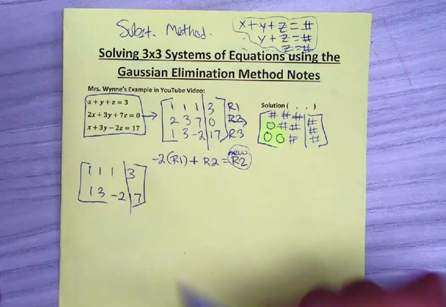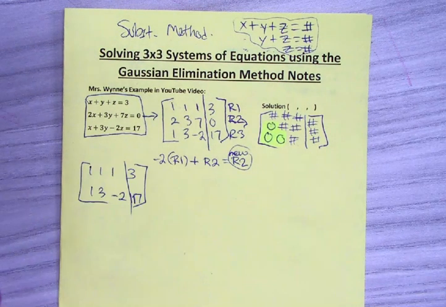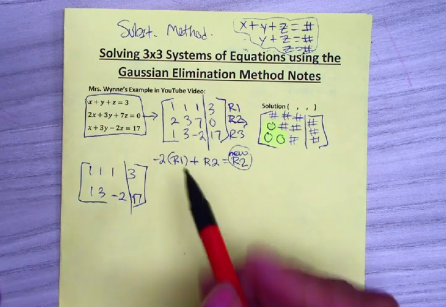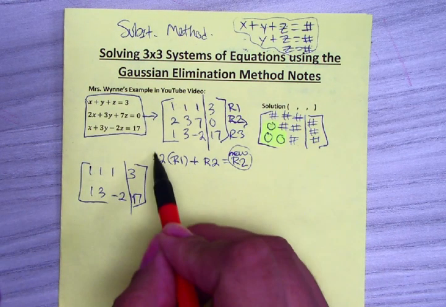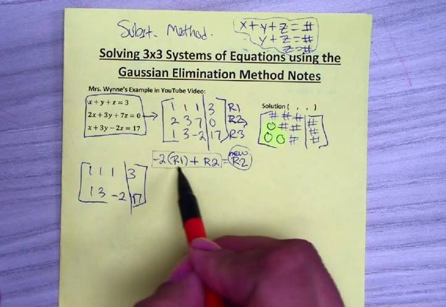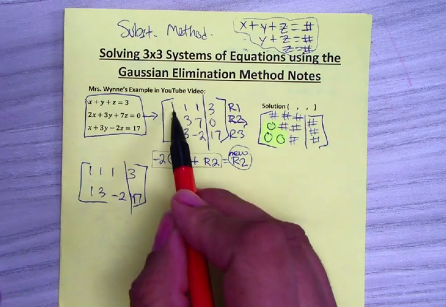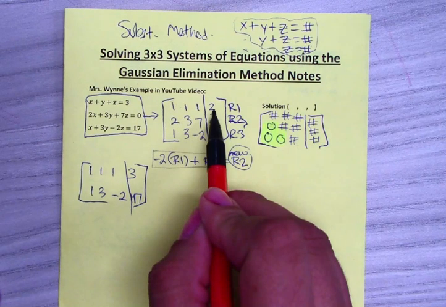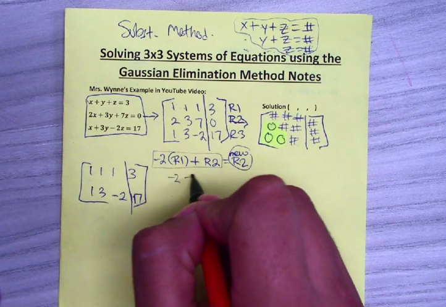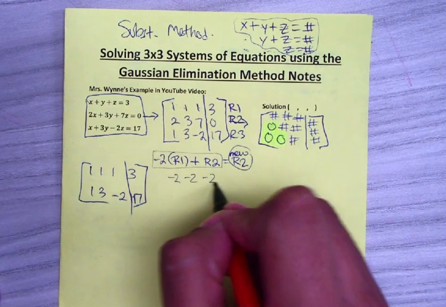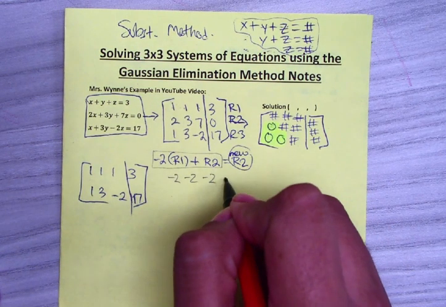Okay, and now the process of what will be in this space right here for row 2 is this part. So we're going to multiply row 1 times -2, all of these numbers at the top times -2: 1 times -2, 1 times -2, 1 times -2, and 3 times -2.